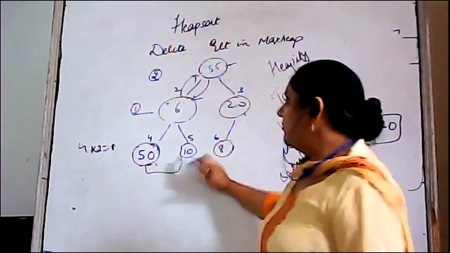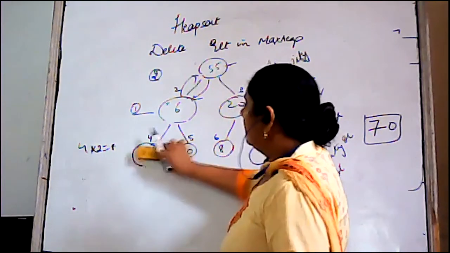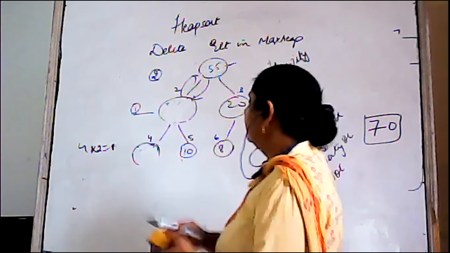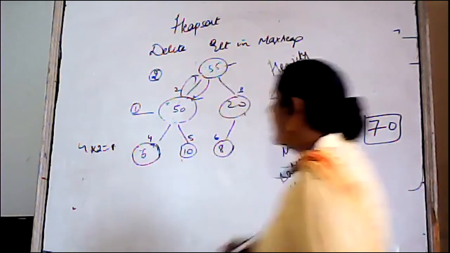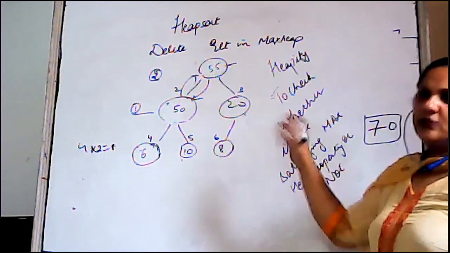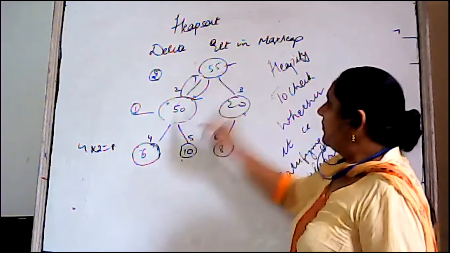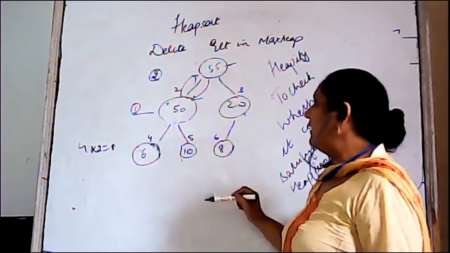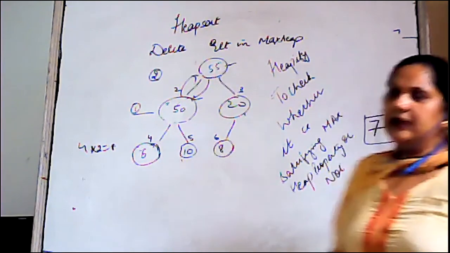Which is greatest? 50 is the greater number. So bring 6 down and 50 will move up. Now you see the tree is satisfying the max heap property. 50 and 20 are smaller than 55. Then 6 and 10 are smaller than 50, whereas 8 is also smaller than 20.